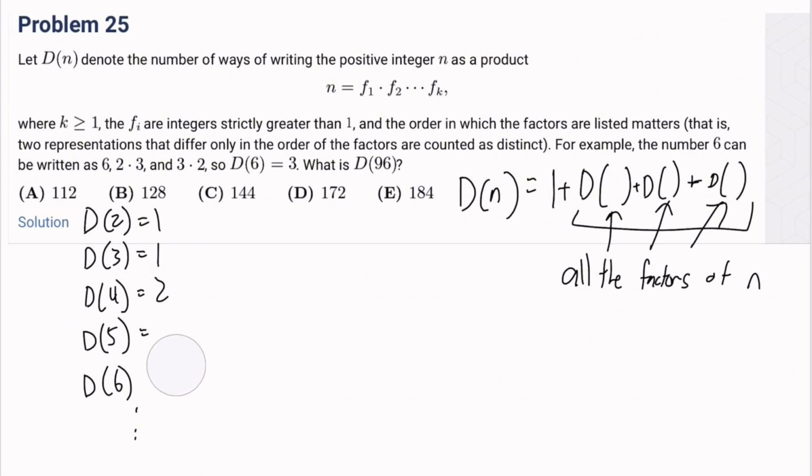So let us start from the top. We will keep the 2, 3, and 4, and then next what we want is d6.